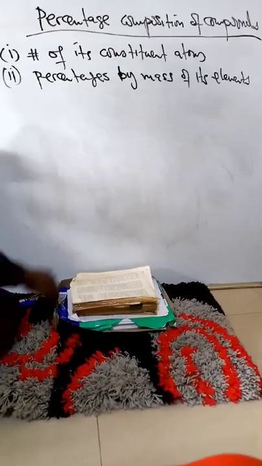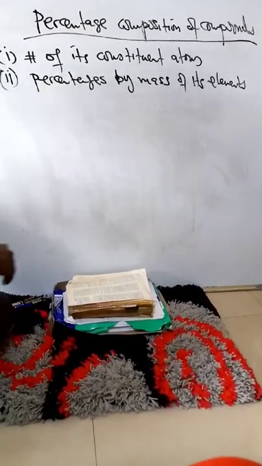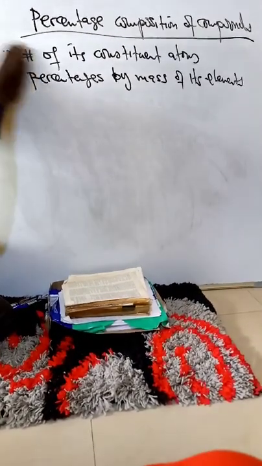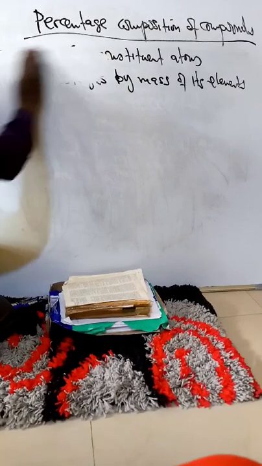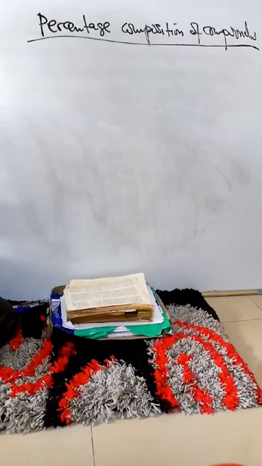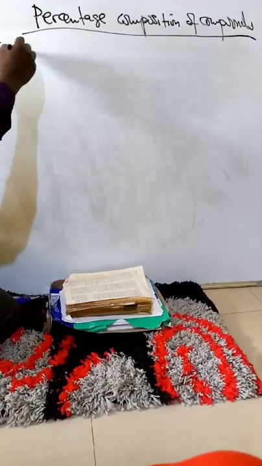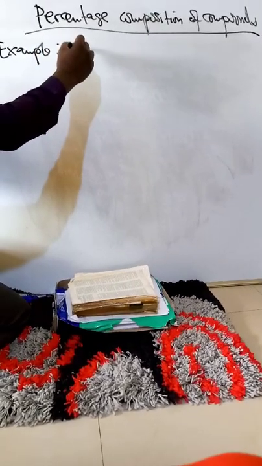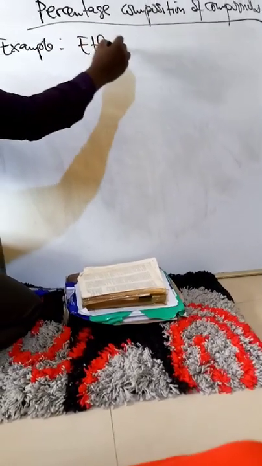For example, we can determine the percentage of each element in a compound. So let's take, for example, ethanol. We shall look at ethanol.